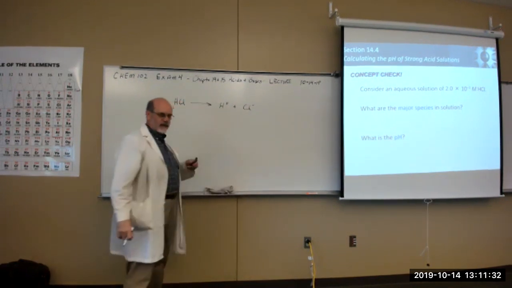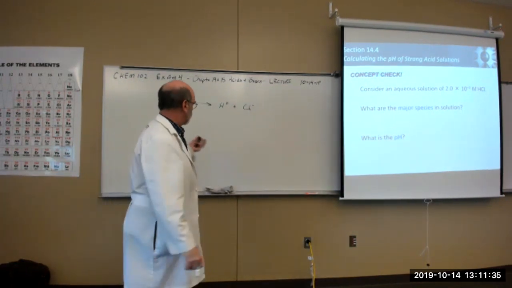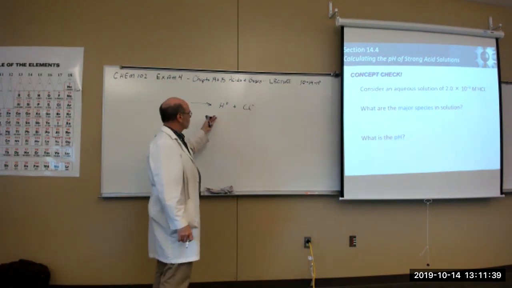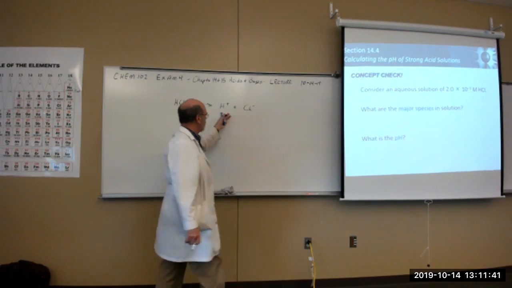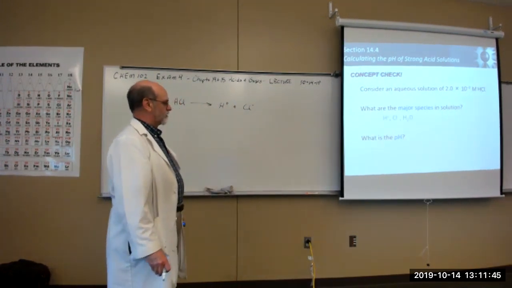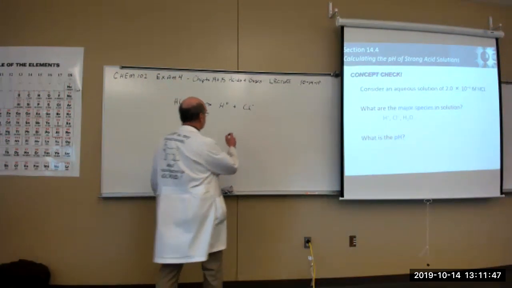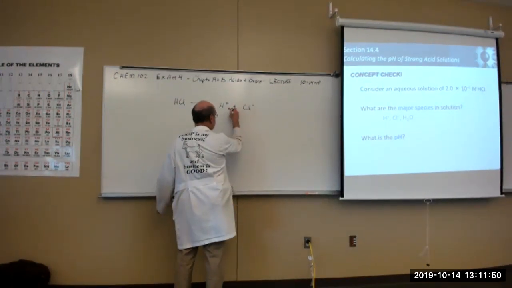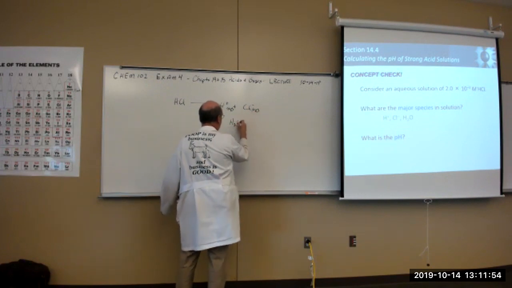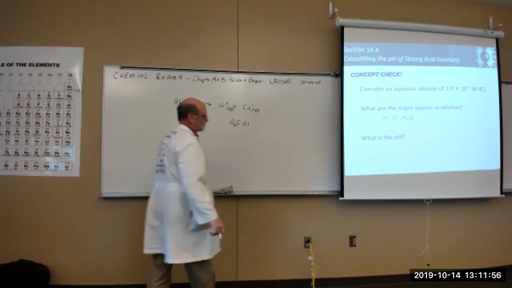There's no time to think about what's going to react, because it immediately dissociates into hydrogen ions and chloride ions. Okay, what else is in there with it? Well, if they're going to be aqueous, that means water is also a major species.